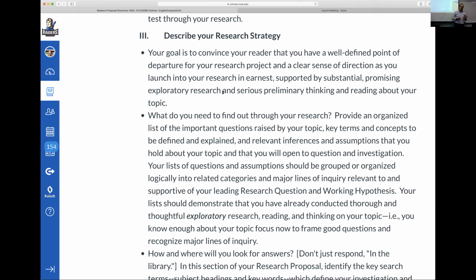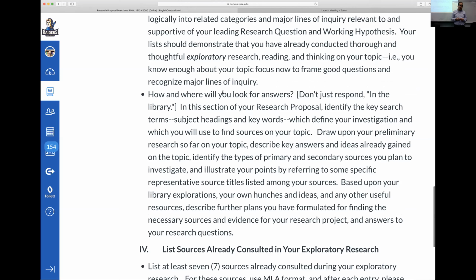So it's not a section where you just say, I'm going to get on Google and find a couple sources, but where you actually walk us through the entire process. What are you looking for? What have you found thus far? What do you still need to find?